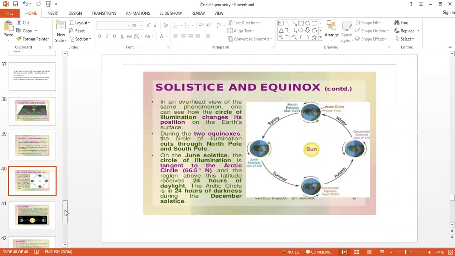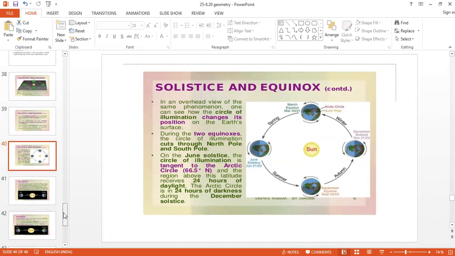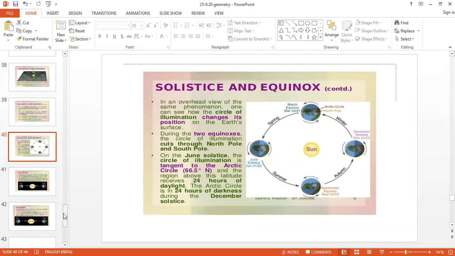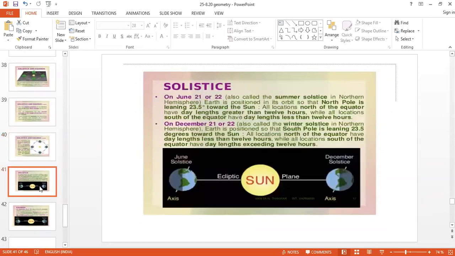Already we have discussed the autumn season, spring season, summer season, and solstice. Solstice means we take two months, that is June 21 or 22, and also December 21 or 22.